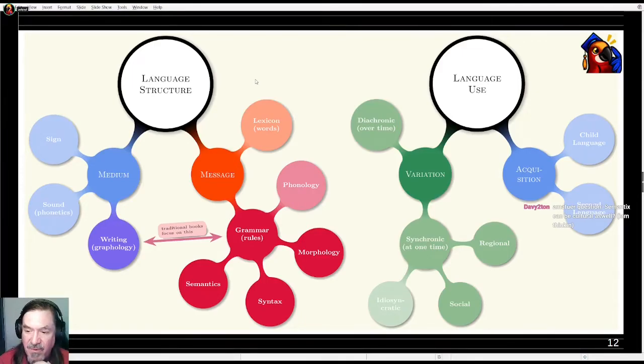Semantics can be cultural. Yes. So semantics are anything involving the meaning. So meanings can have culturally specific significance.